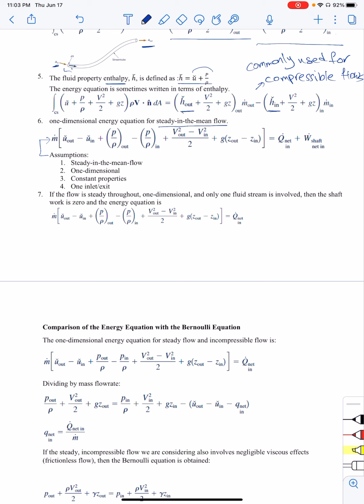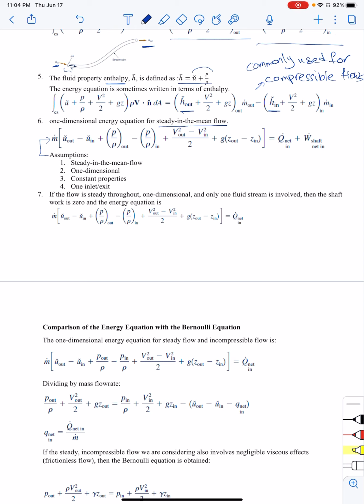What it means is that when the flow is cyclical, for example, the velocity and pressure at a fixed location near the rotating blades of a fan are unsteady, right? But it's going to be steady at the upstream and downstream of the machine. So this is what we call steady in the mean flow.